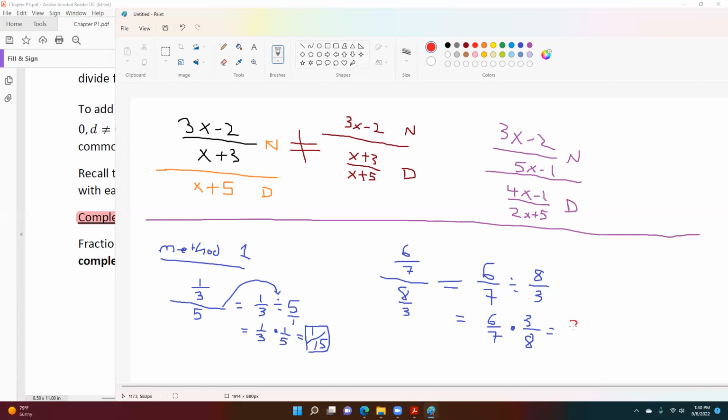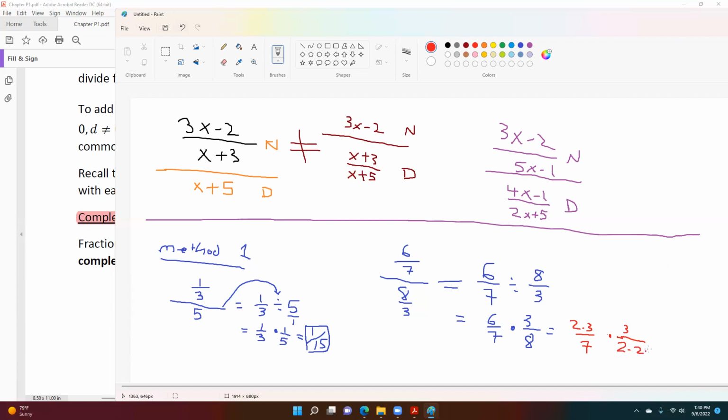So 6 in this case is 2 times 3. Now 7, you cannot write in factor form because 7 is only 1 times 7. Same thing happens to the 3. 3 in this case is just 1 times 3, so we cannot reduce. But 8 is 2 times 4, and 4 can be written as 2 times 2.